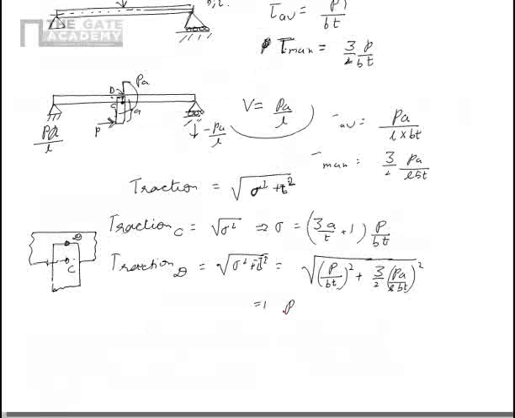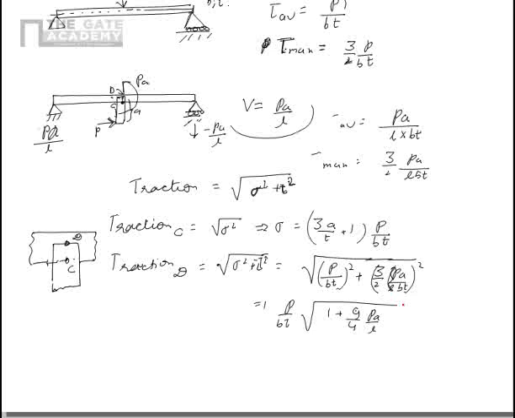I can take out P upon BT common, 1 plus, this should be inside, 9 by 4 PA by L, all squared. Now obviously out of this and this, whichever is higher will be dependent on whether this value is higher than this value.